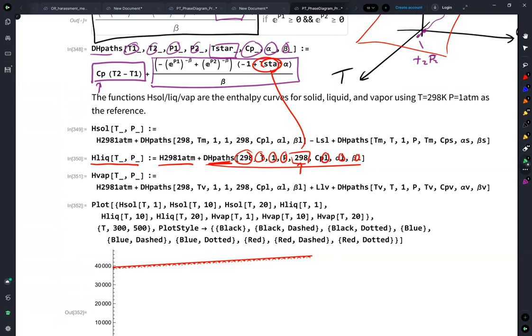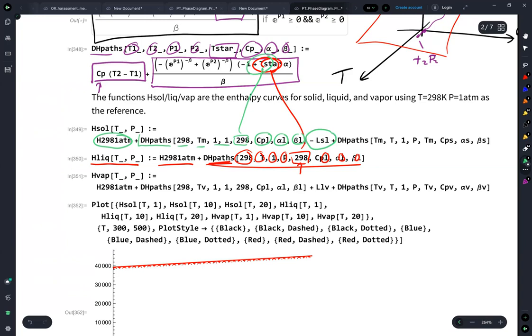Going to the solid, I start in the liquid phase with the reference enthalpy. I change the liquid phase up from 298 to the melting temperature, holding pressure constant and using 298 as the temperature I'm holding for the pressure change.